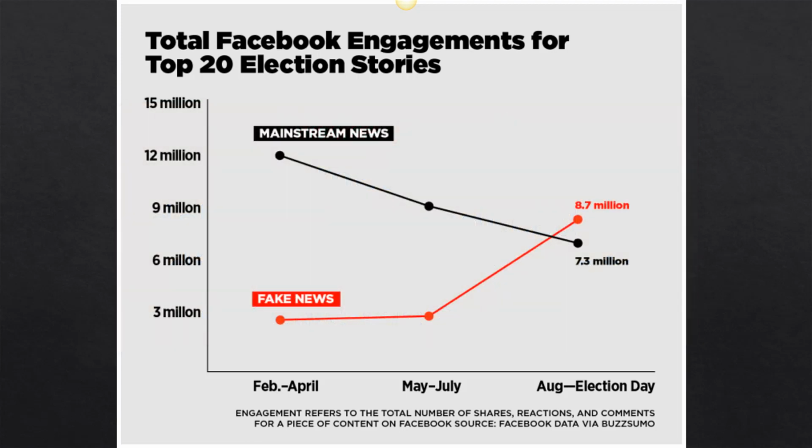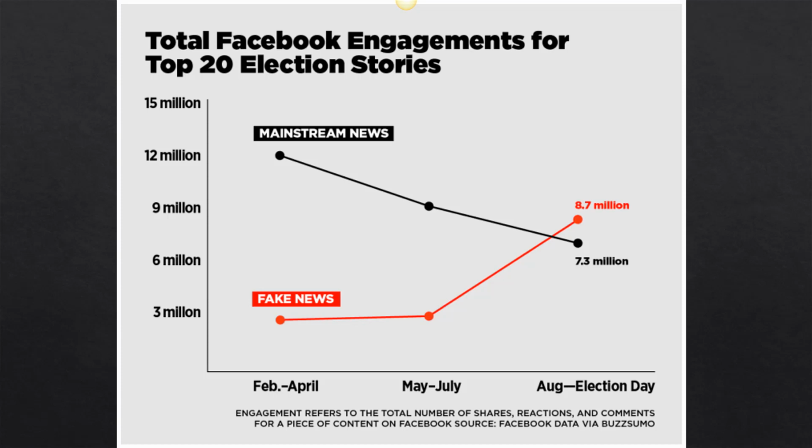What the study did was look at engagements, the total number of shares, reactions, and comments for a piece of content. And they looked at top 20 election story content from mainstream news outlets, places like CNN, the New York Times, the Washington Post, major broadcast networks. And they compared that with organizations that were later identified to be expressly fake news organizations.